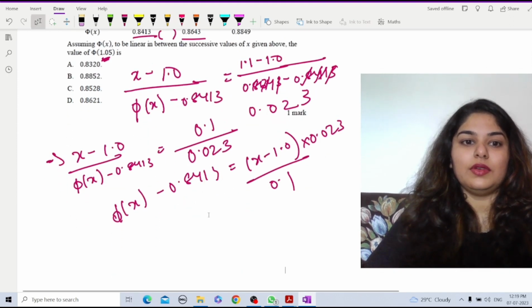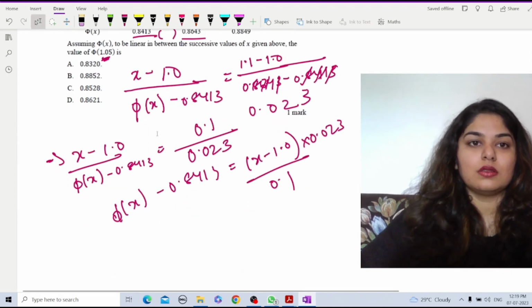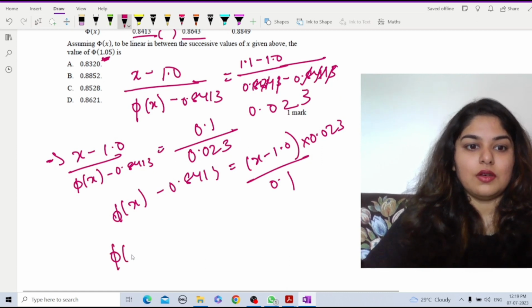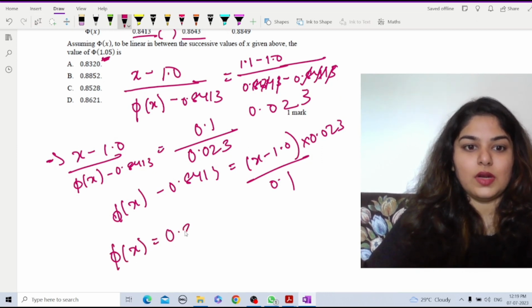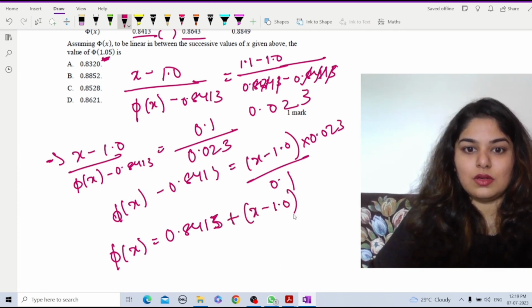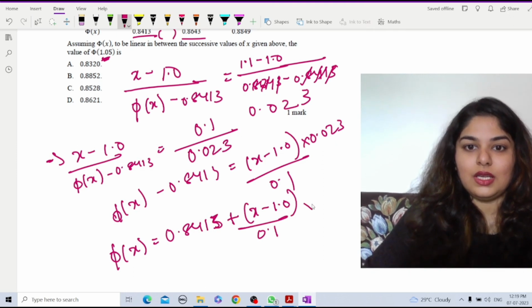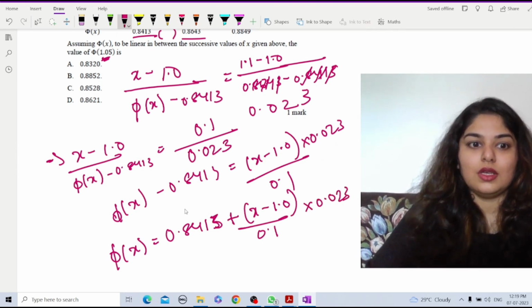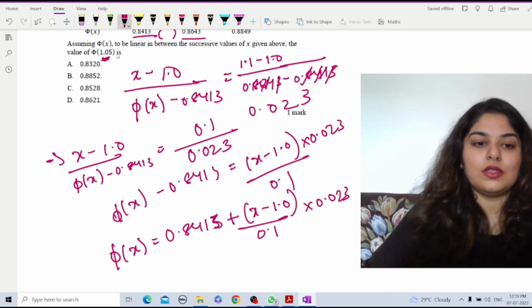And now we can take this to the other side, that is phi x is equal to 0.8413 plus x minus 1.0 by 0.1 into 0.023. Now what we have to find out is 1.05.